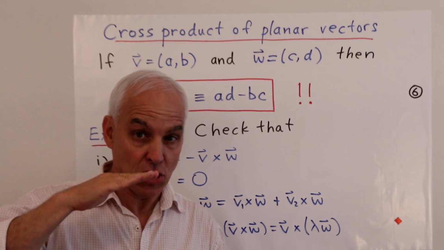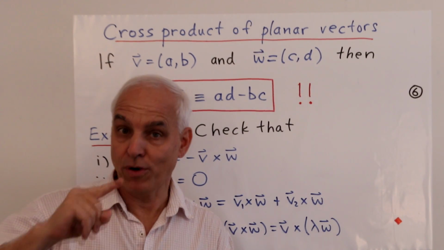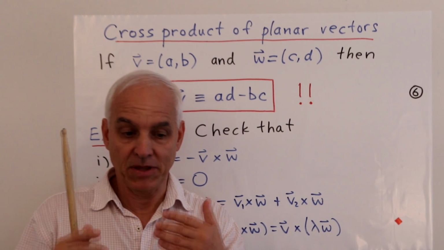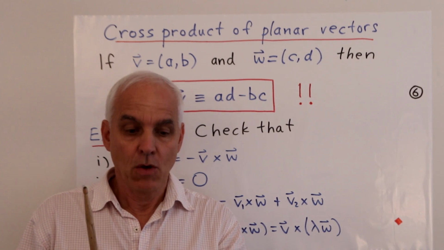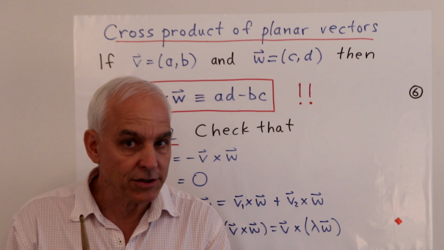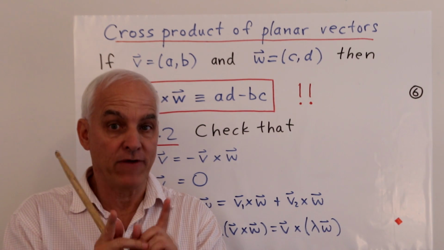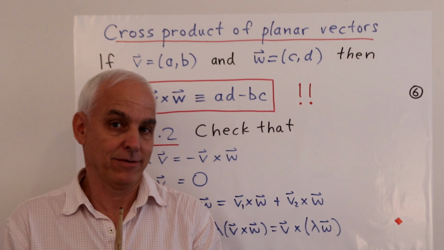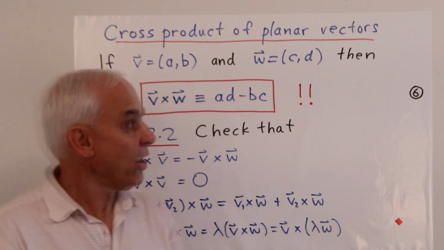Now I'm going to give you a novel but important definition. This is something that you don't see anywhere else. We're going to talk about the cross product of two planar vectors, two vectors in the plane. Cross product. Okay, here it is.